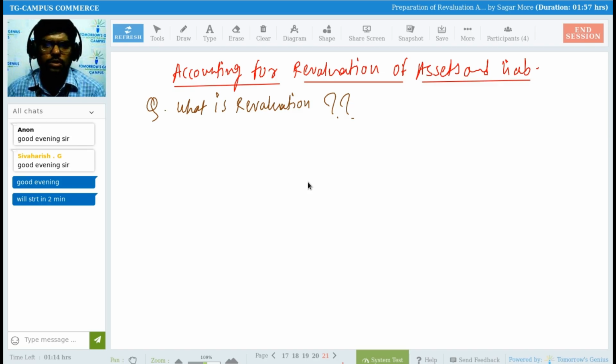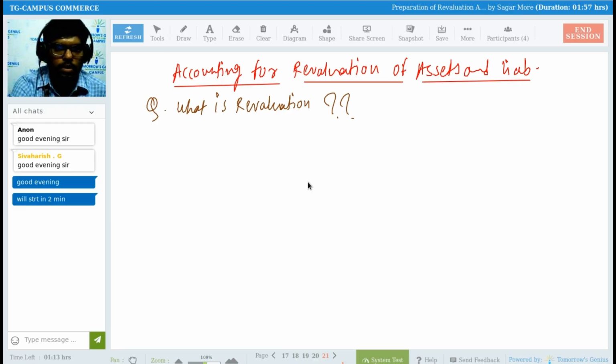I'm asking the simple meaning of the word. Valuation means giving value, or you can say finding the value of something. Then what is revaluation? Revaluation means newly finding the value. Revaluation is nothing but newly finding the value of the asset, right?